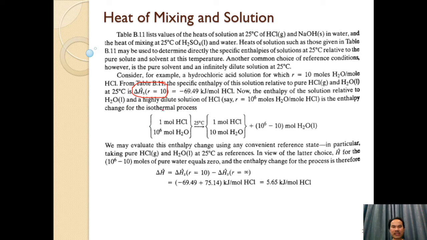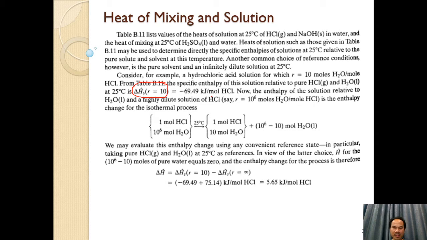Now the enthalpy of solution relative to water and a highly dilute solution. If we talk about a highly dilute solution, it means a lot of water and a very small amount of hydrochloric acid, say for this case approximately 10 to the power 6, 1 million mole water per mole.